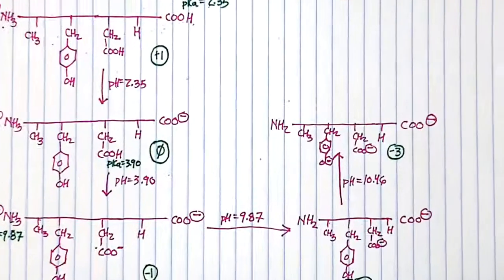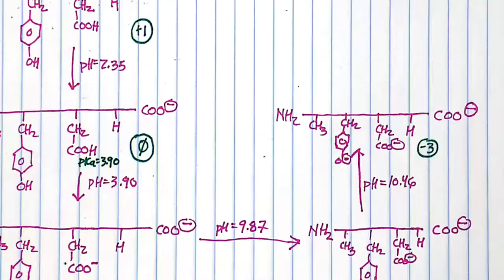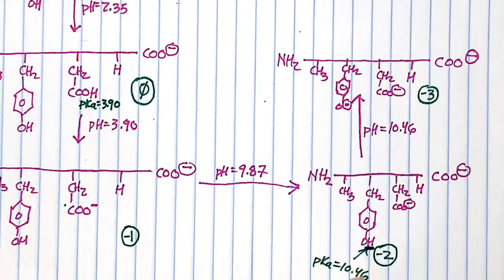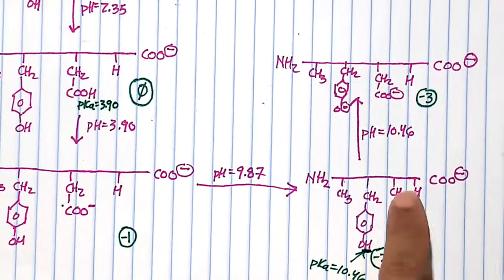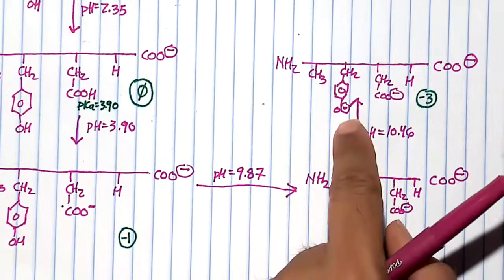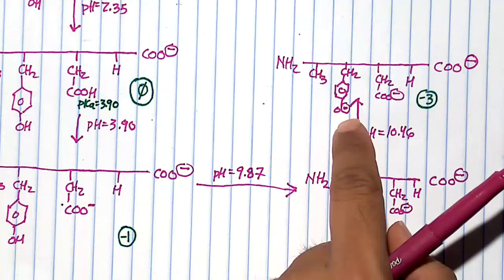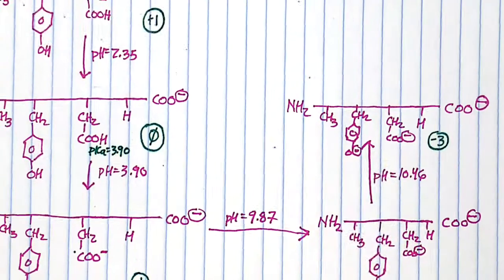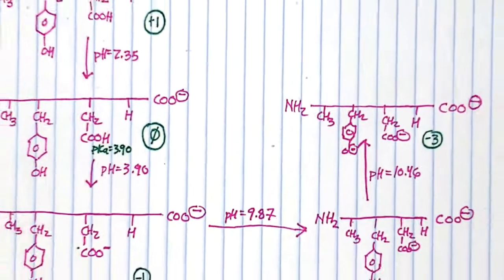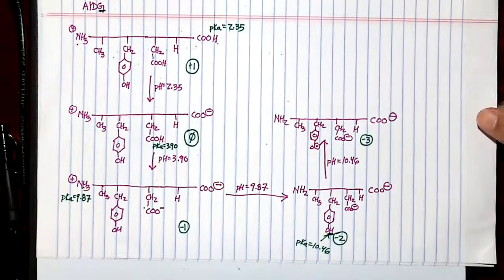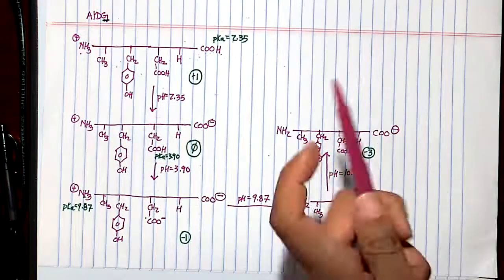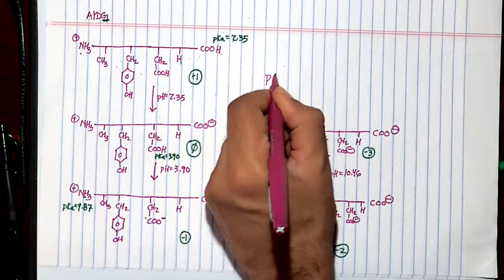Okay, so then you're going to start getting this structure. At 10.46, at that pH, this proton begins to come off. That OH is stripped, that becomes an O-. So what is the PI, the isoelectric point of this tetrapeptide?